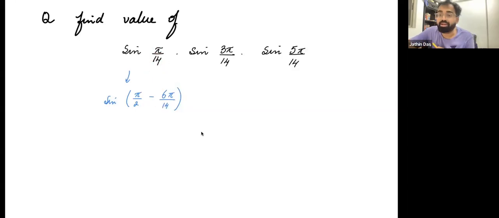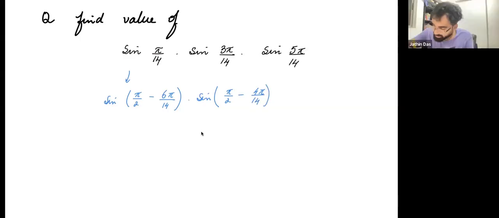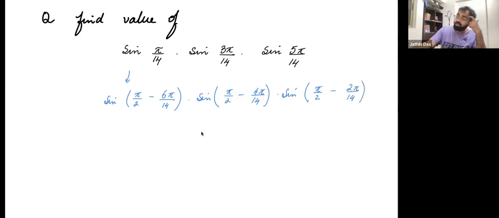So I'll write 6 here directly. Then into sine pi by 2 minus 4 pi by 14 will come. Okay. Then sine pi by 2 minus 2 pi by 14 will come. Check if you get like this.